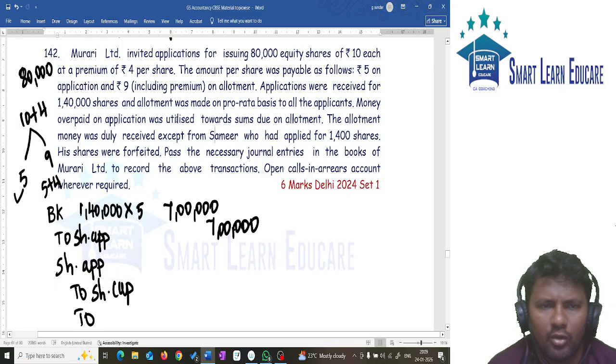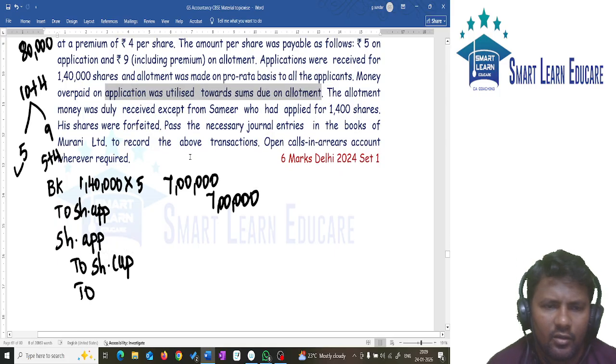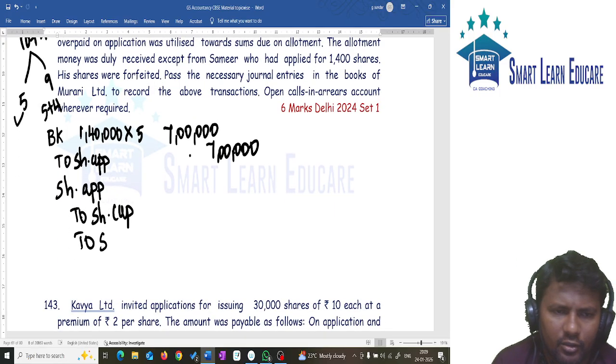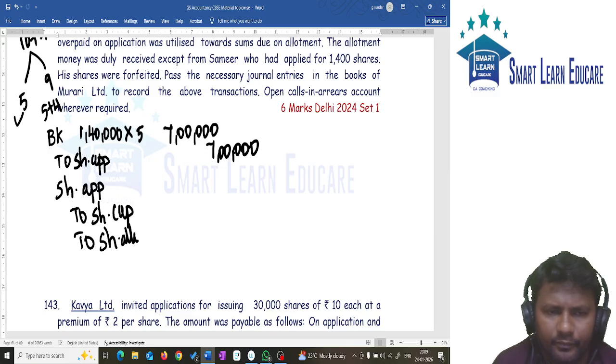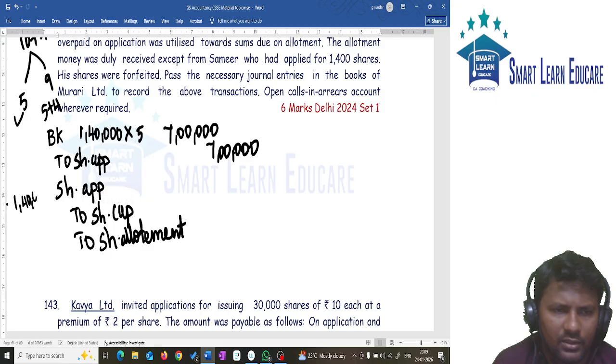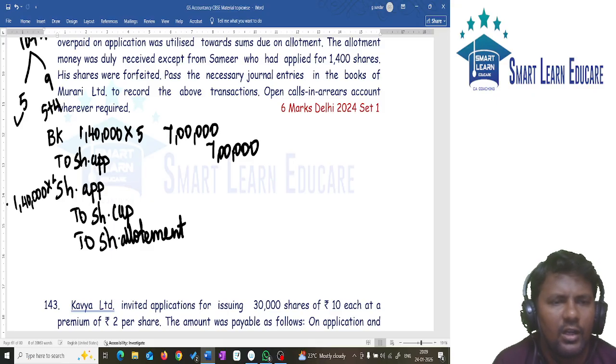Excess money overpaid on application was utilized towards share allotment. Okay, so we should also write here to share allotment. So 1,40,000 into 5, this is the money received, 7 lakh.